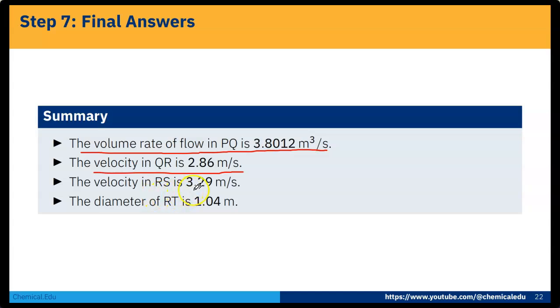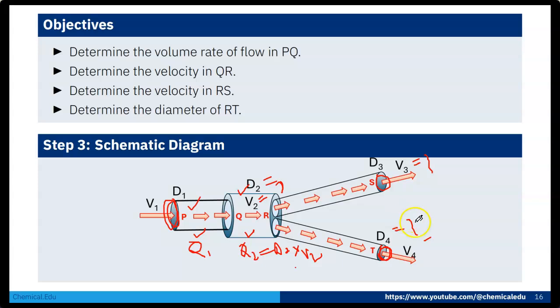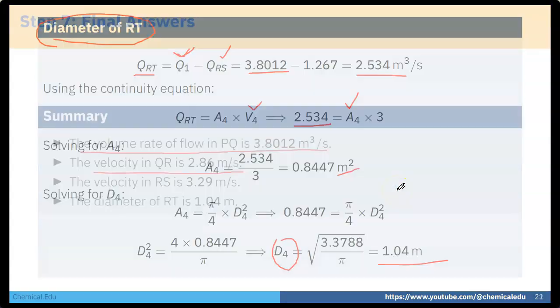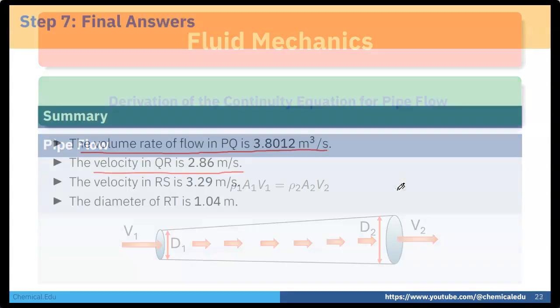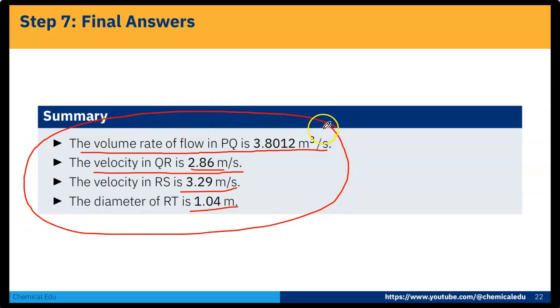The velocity in RS is 3.29 meter per second, and the diameter of RT is 1.04 meter. All these answers we can easily calculate by applying the continuity equation.